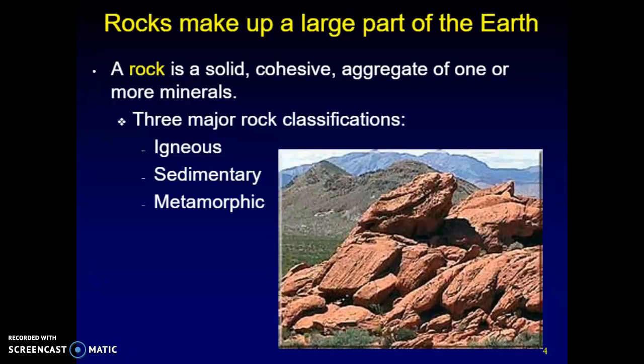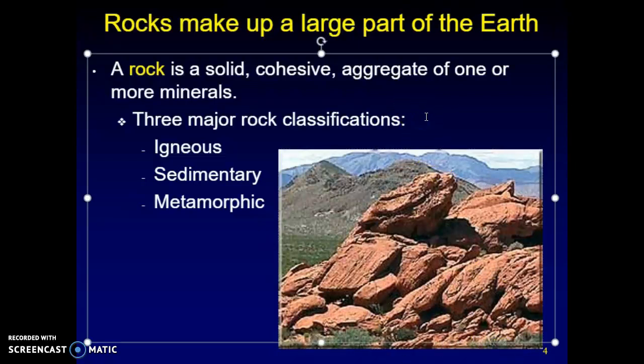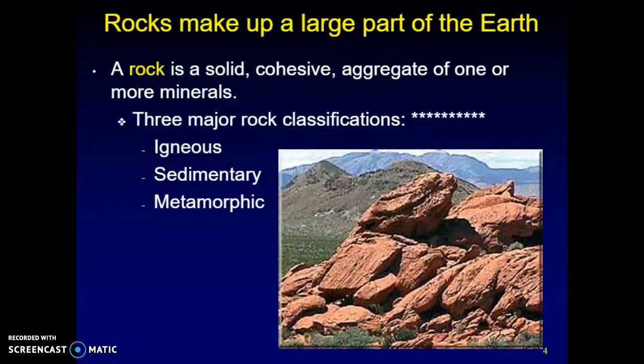When we look at rocks, we break them up into three different classifications: igneous rock, sedimentary rock, and metamorphic rock. So three big types of rocks that we want to be comfortable with. We'll get into these a little bit more.